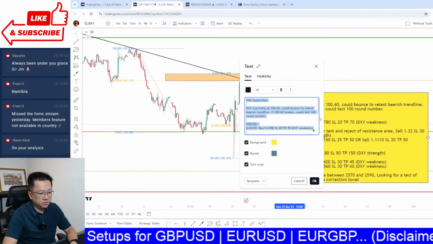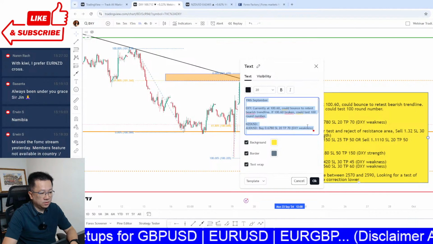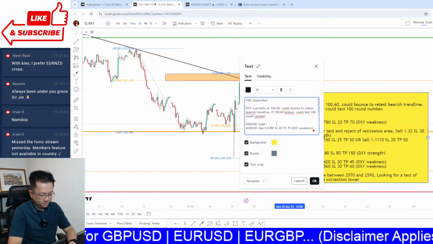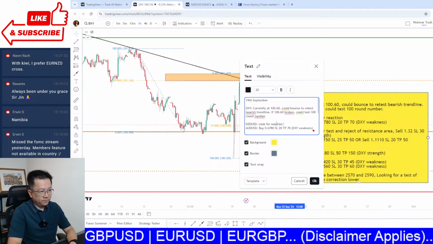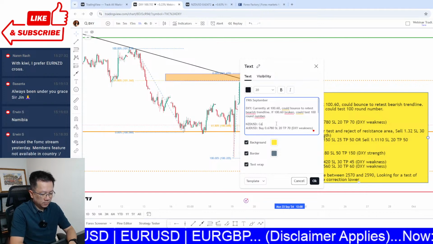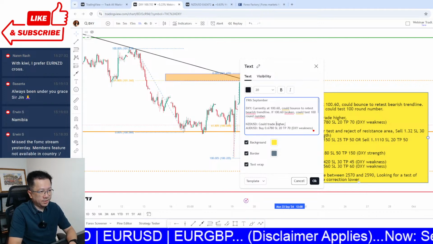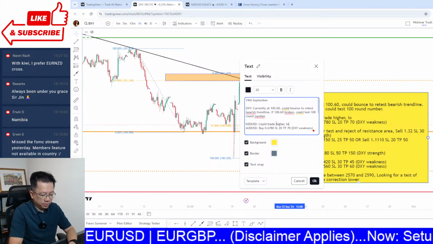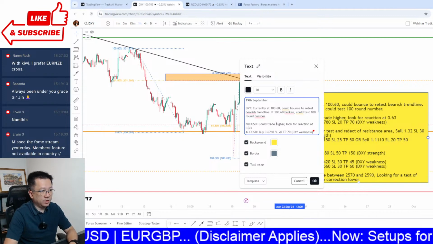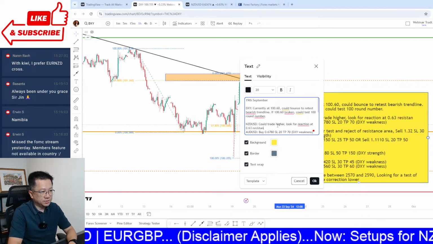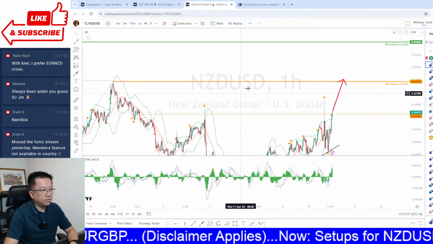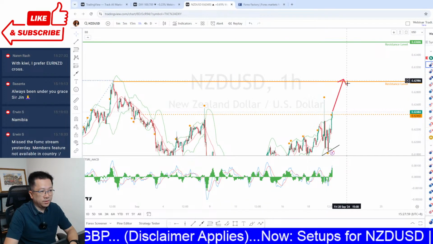Now on the Kiwi, it could trade higher, but I'm not going to do anything. I'm going to look for a reaction at the 0.63 resistance. Okay, so that's what I'm looking for, that it pushes up.